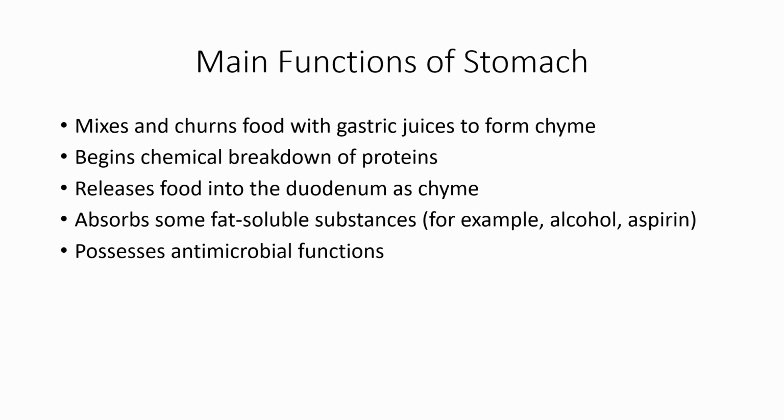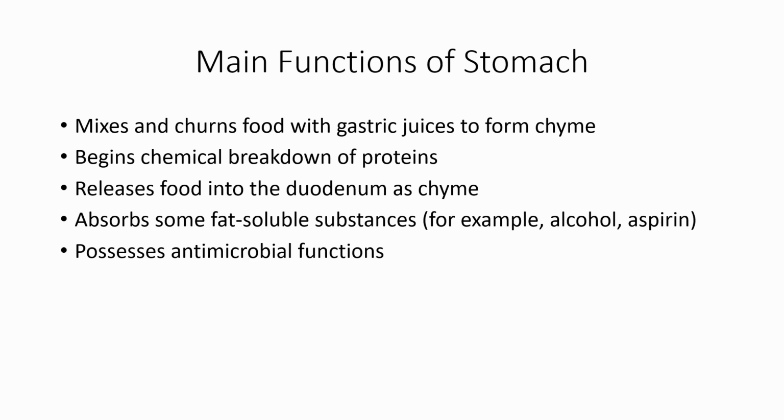Now we get to the stomach. The stomach is a big player here because the stomach's going to do, again, more mechanical and chemical digestion, as well as kind of serve as a pacemaker, so to speak, of the digestive process. So the stomach is going to take the food that we've eaten, mix it and churn it together, mix these gastric juices in with it, and we're going to form what's called chyme.